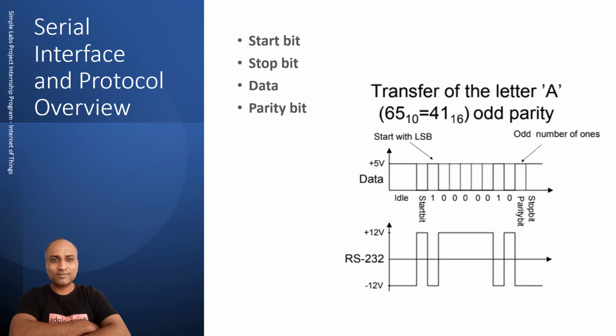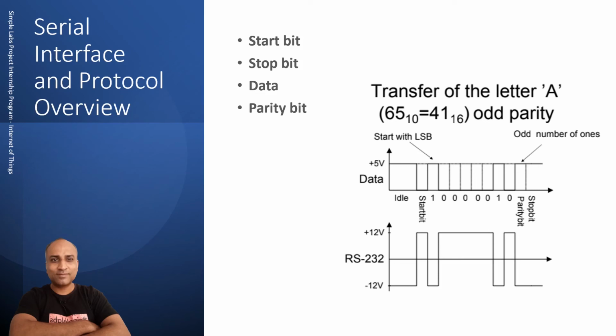Now if you look at it, what a protocol defines is for what duration you should maintain this signal at plus 12 volts. This looks like a neat square wave, but it could be a pulsed wave, meaning this square has to be maintained at a certain frequency. We'll look at all of that later on.